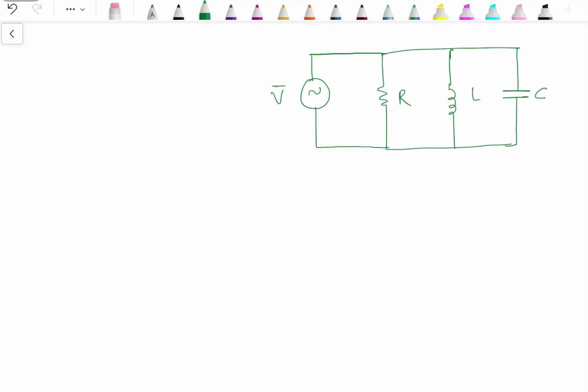Now this voltage source V is written as V angle 0. Since voltage is common among these three circuit elements, we will consider that this is our reference.